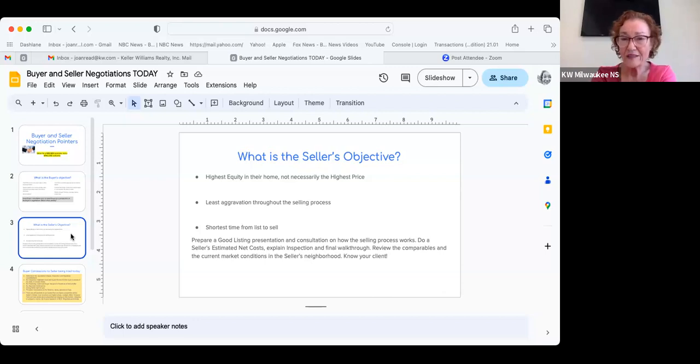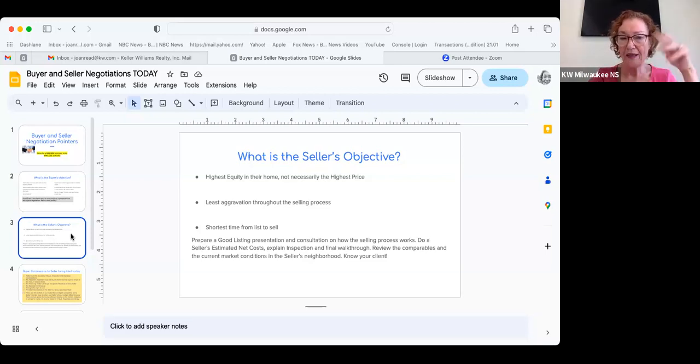Take them through it step by step, and make sure they understand before you get into receiving an offer and the adrenaline perks up. Make sure they understand, in a very straightforward way, what happens at the beginning. They know what happens when the sign goes up.